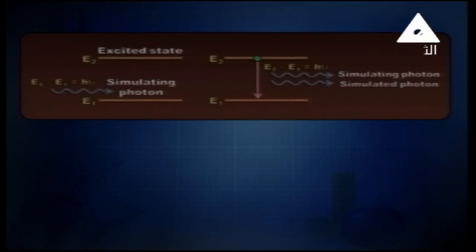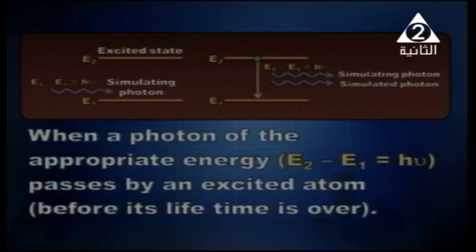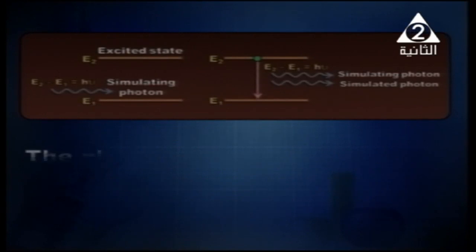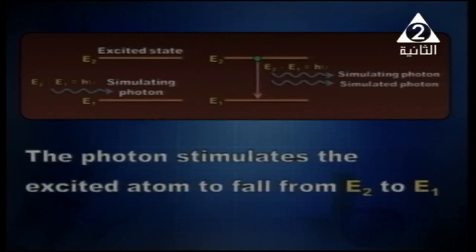The stimulating photon urges the electron to relax to E1 before its lifetime is over. So we've got two photons, the stimulating photon and the stimulated one. So when a photon of the appropriate energy equal to E2 minus E1 passes by an excited atom before its lifetime is over, the photon stimulates the excited atom to fall from E2 to E1.